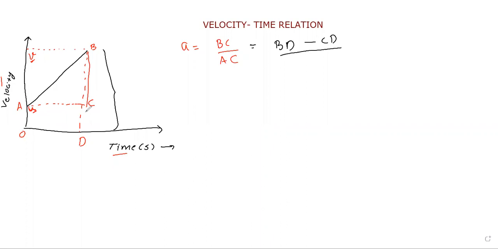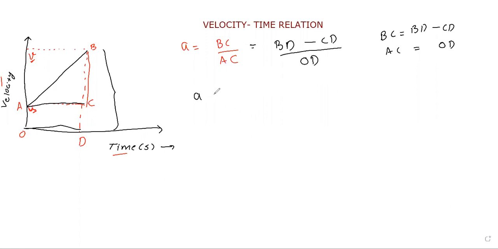Here AC and OD are parallel sides, so AC can be replaced by OD. So acceleration is equal to BC divided by AC, which equals BD minus CD divided by OD, because BC equals BD minus CD, and AC equals OD. Both are parallel sides.